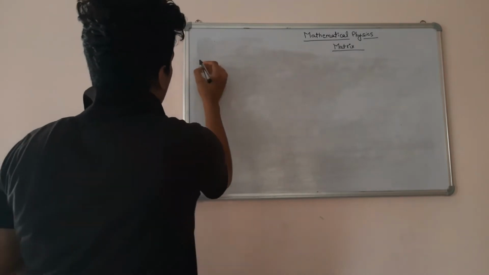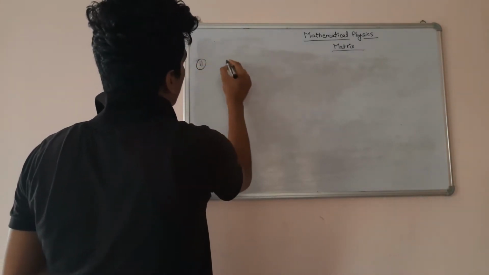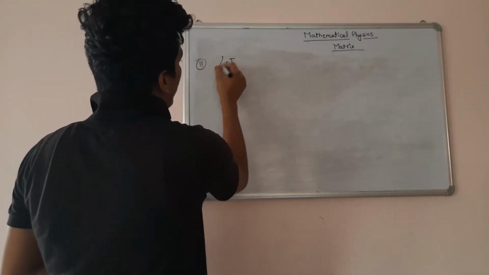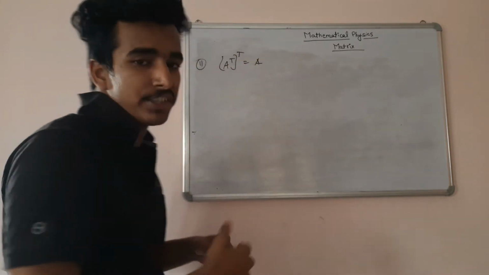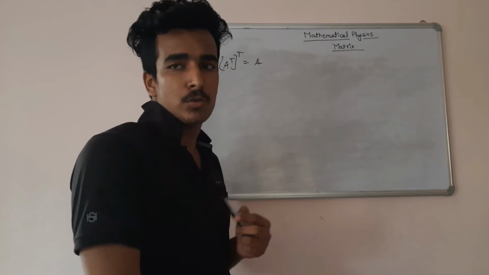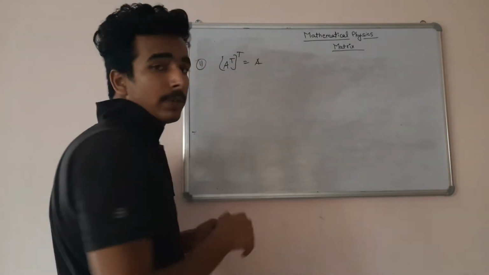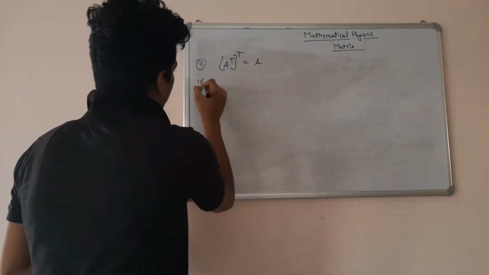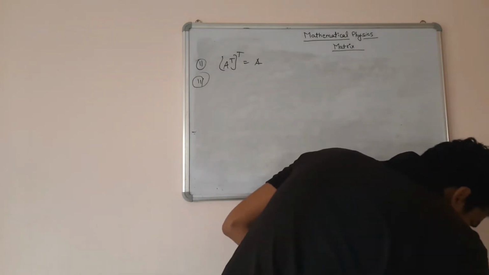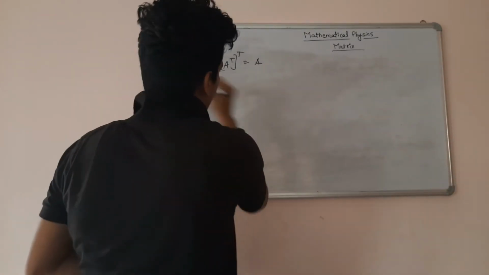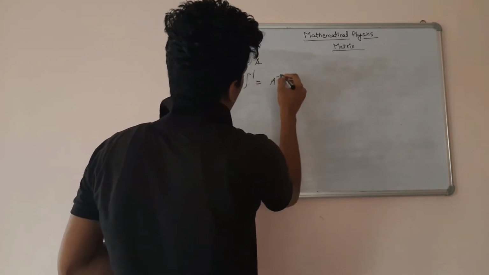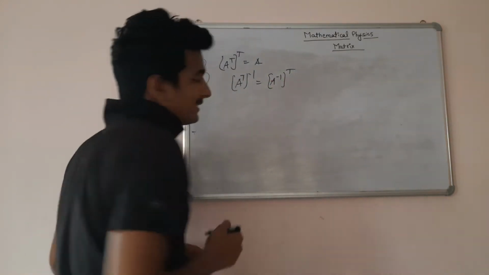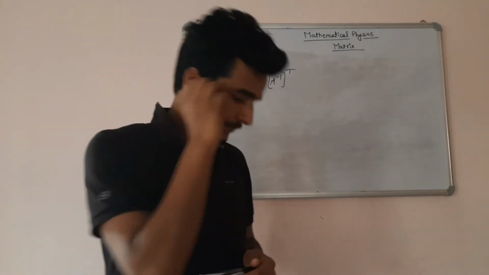Also there are some more properties of transpose: the transpose of A transpose is A. You interchange row and column, then again interchange row and column, and ultimately the matrix becomes the same. There is also one more property, which we also discussed earlier in the properties of inverse. So these are some basic properties of transpose.